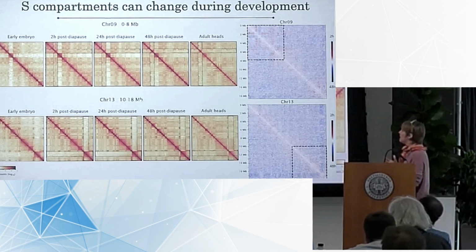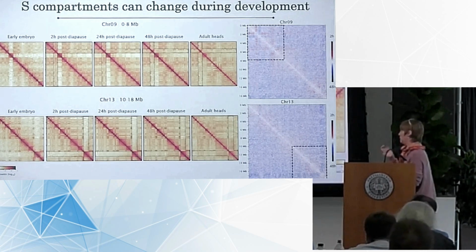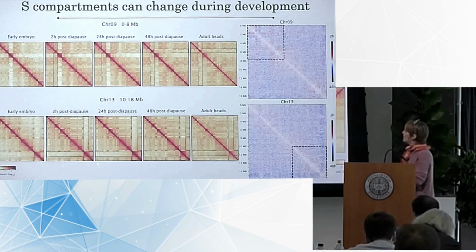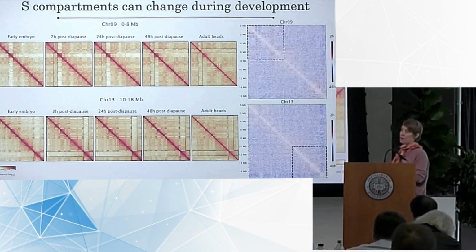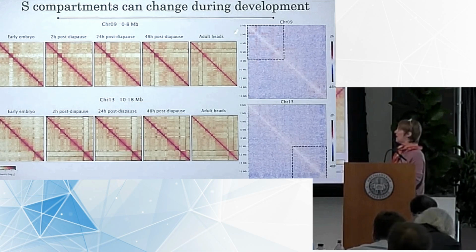For my initial analysis, I focused on one embryogenesis time point, the one in the middle here, which corresponds to 24 hours post-diapause. But I also did experiments earlier, in early embryos at 2 hours post-diapause, and later at 48 hours post-diapause, and a drastically different data set with adult heads.